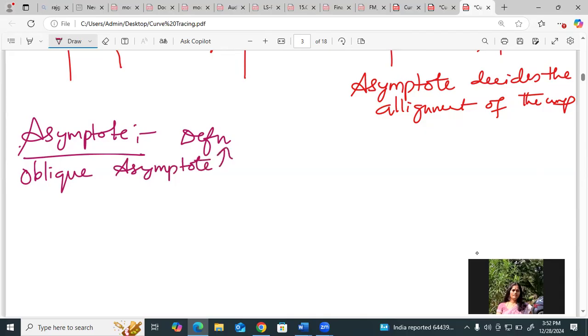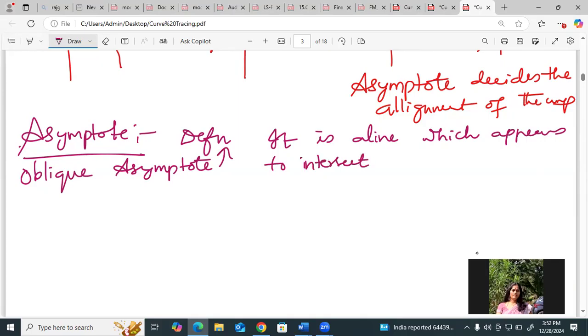A simple definition I will give: it is a line which appears to intersect with the curve at infinity, which is a very basic definition. Please look at the standard definitions.